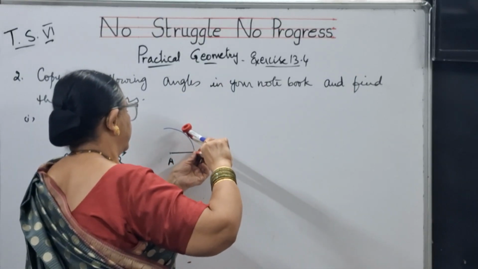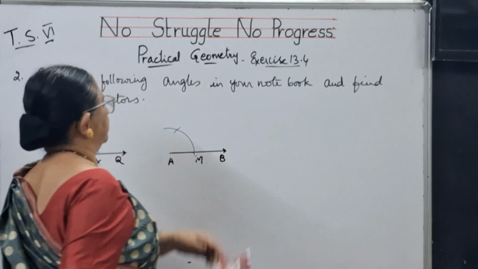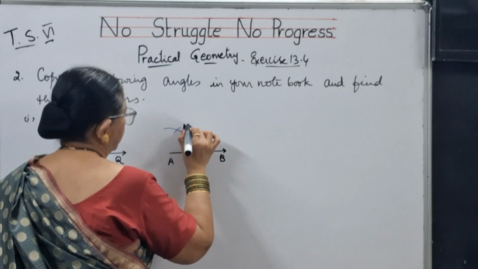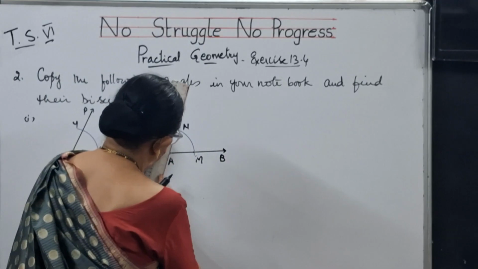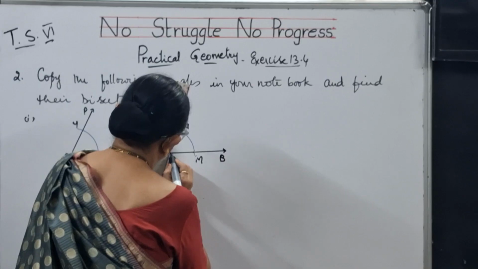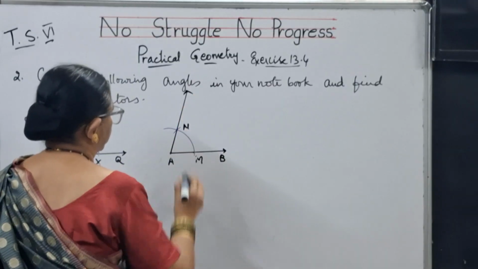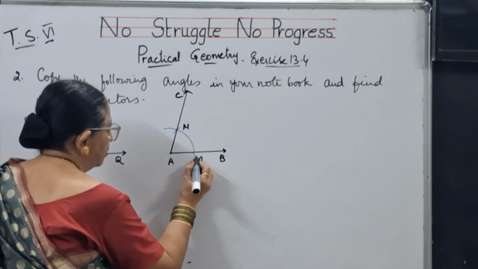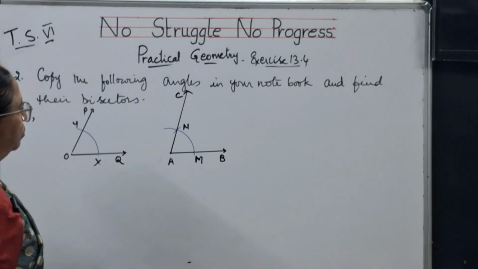Now M as a center, I should cut this arc at this point. Let me write it as N. Now I should join A and N. So CAB is the angle which is equal to that of POQ.